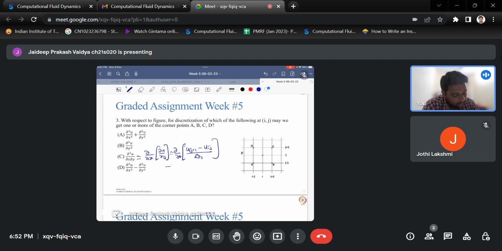And this again can be further differentiated as u i plus 1 j plus 1 minus u i minus 1 j plus 1 minus u i plus 1 j minus 1 plus u i minus 1 j minus 1, by delta x delta y.